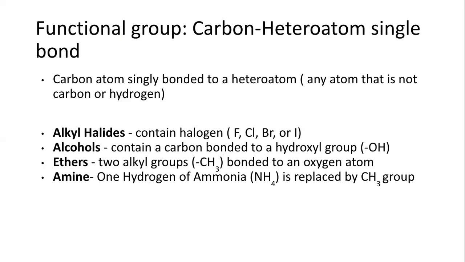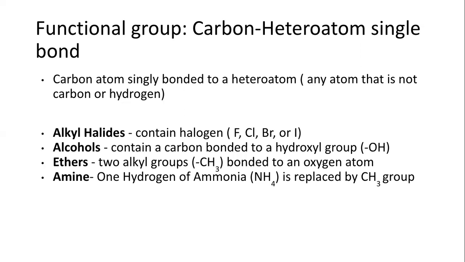Alkyl halides, and these are compounds that contain a halogen, which are fluorine, chlorine, bromine, or iodine. These are group 7 elements on the periodic table. We have another group that has alcohols, and this contains a carbon bound to a hydroxyl group or an OH group. So we saw this molecule, an example would be ethanol.